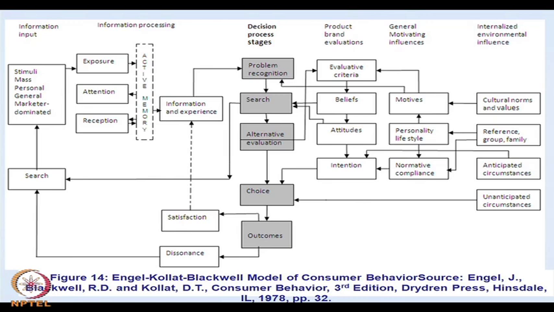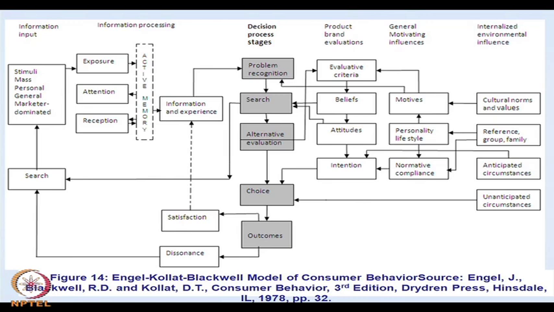So, if you see here, the search for information is followed by evaluation of alternatives. Consumers' predispositions, beliefs or values will have an impact on attitude formation, and these attitudes will further lead to a purchase intention on the part of the consumer.